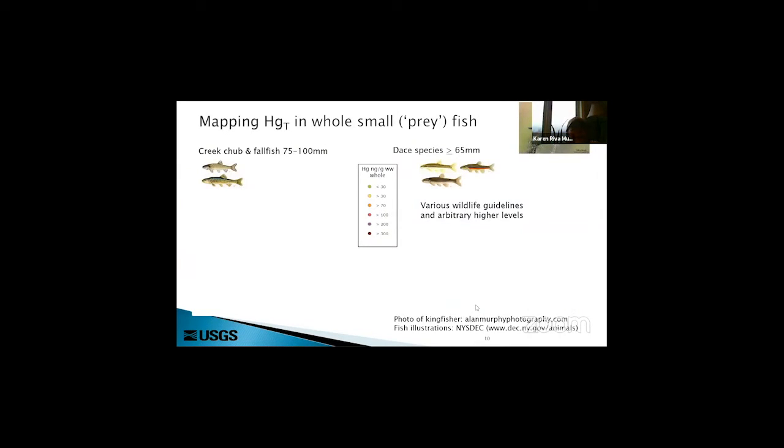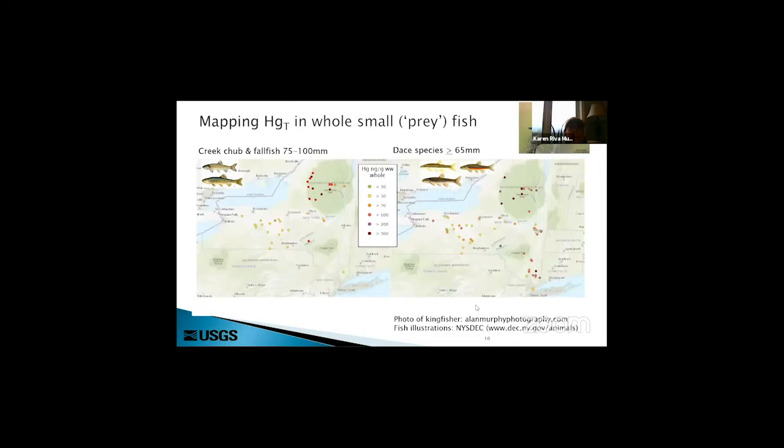So a final set of maps: mercury in whole small fish, which we could call prey fish or forage fish, in relation to guideline levels or thresholds for various wildlife species, and also the fish themselves, and an arbitrary higher level.